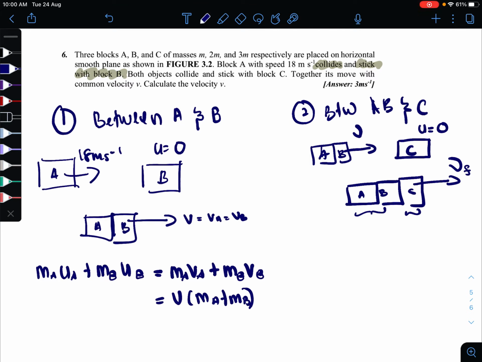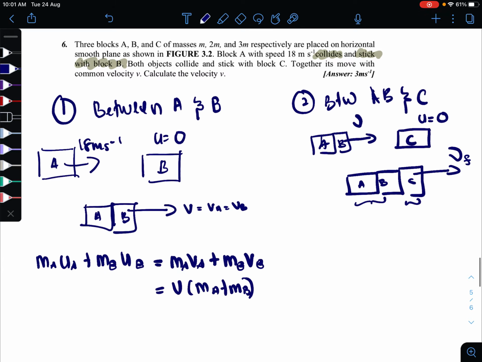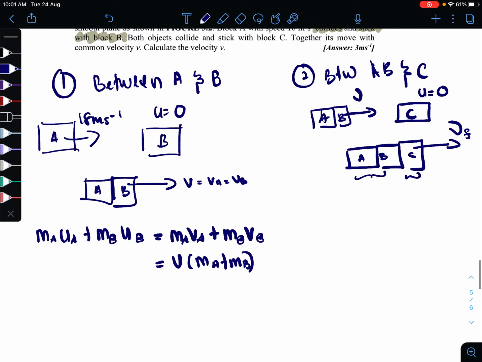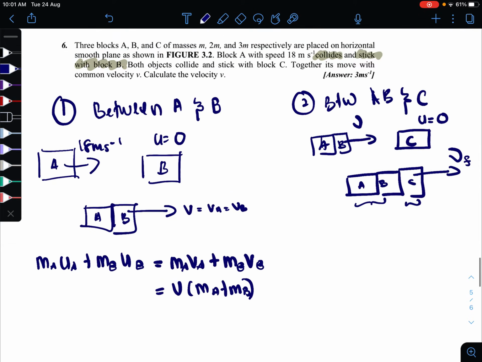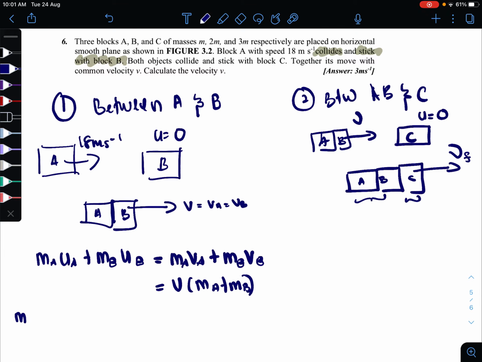Before we look at part 2, let us first solve part 1 to get the final velocity for A and B that stick together. MA is M, UA is 18 to the right, plus 2M initially at rest, 0. V is what we are looking for, V for the first part of the collision at which A and B move together, plus M plus 2M here.